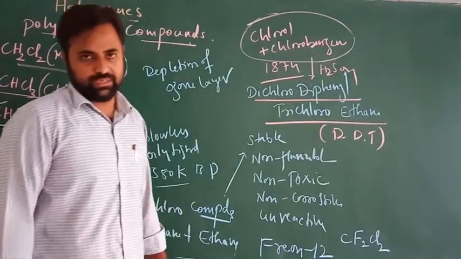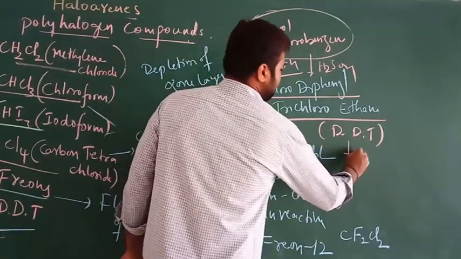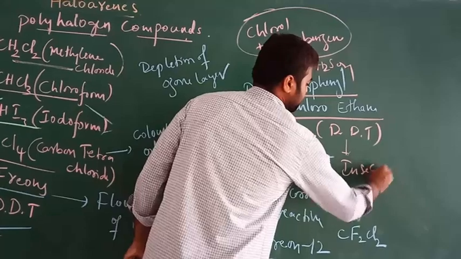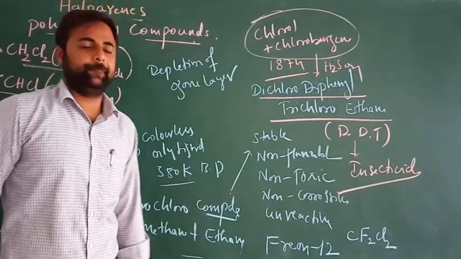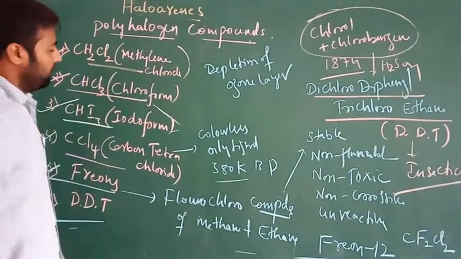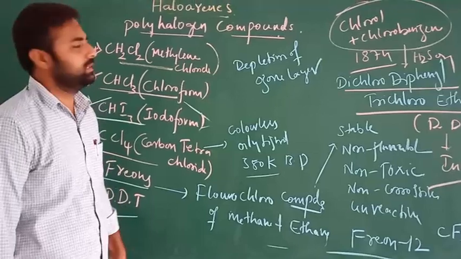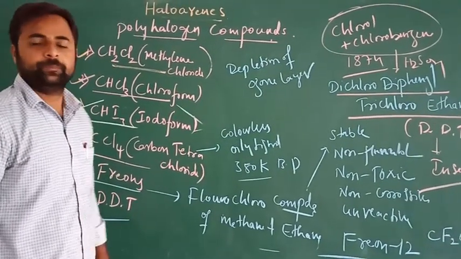The main application of this DDT is as an insecticide, right? Insecticide, that is called DDT. And this is all about polyhalogen compounds. I hope you understood. Thank you.